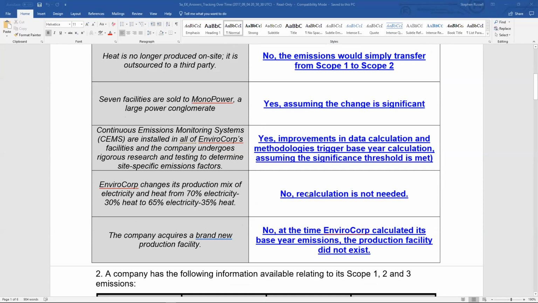The fourth case, a company installs continuous emissions monitoring systems at its facilities. And here, the answer is recalculations may be needed and would be required if the new monitoring systems resulted in more accurate data that met the 5% threshold.